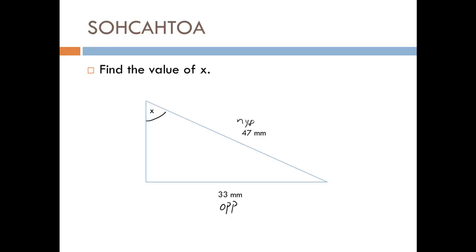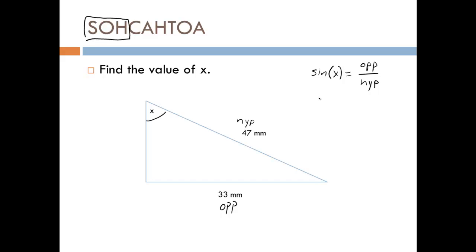And so the relationship that we had relating opposite and hypotenuse is sine. And so we know that the sine of the measure of our angle is equal to the opposite divided by the hypotenuse.